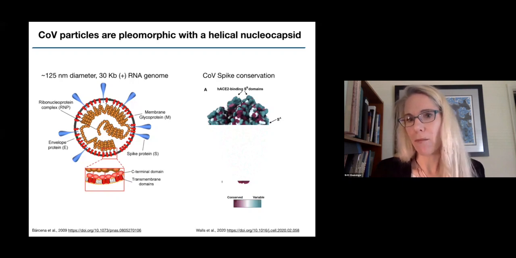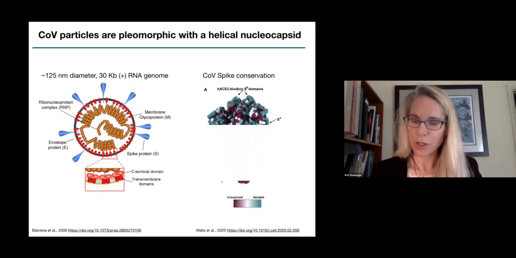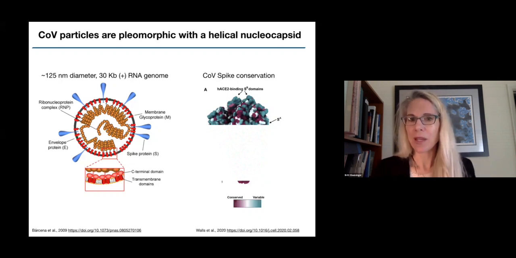And so you can see that more variable regions of the protein are shown in teal color, and the more conserved regions of the protein are shown in darker purple. And so just a quick glance at the spike trimer, and you can see that you can pretty much break this protein almost into two domains: this upper globular domain, which is clearly more variable, and a lower sort of stalk-like domain, which is much more conserved.